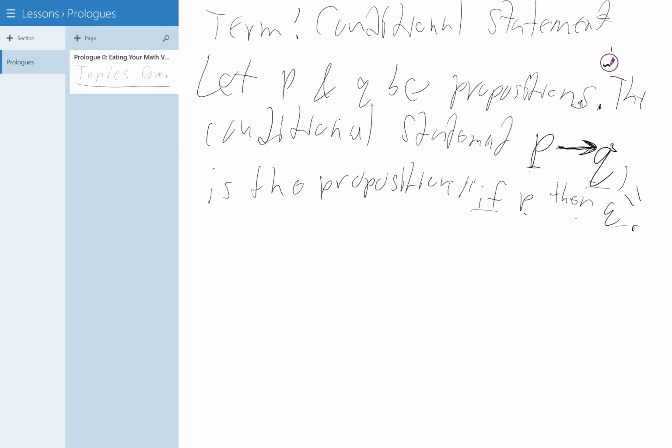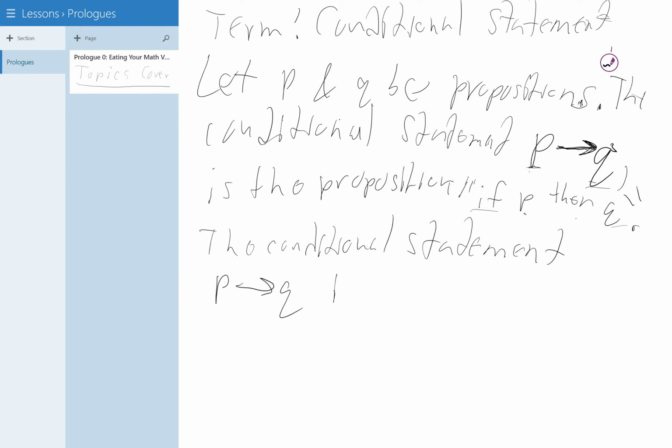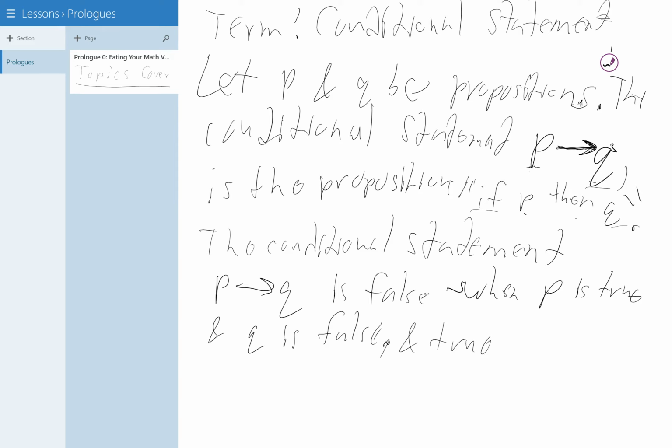So the conditional statement, and I'm writing it out so I go slower so you have time to process, the conditional statement, P implies Q, is false when P is true and Q is false. Okay? And true otherwise.